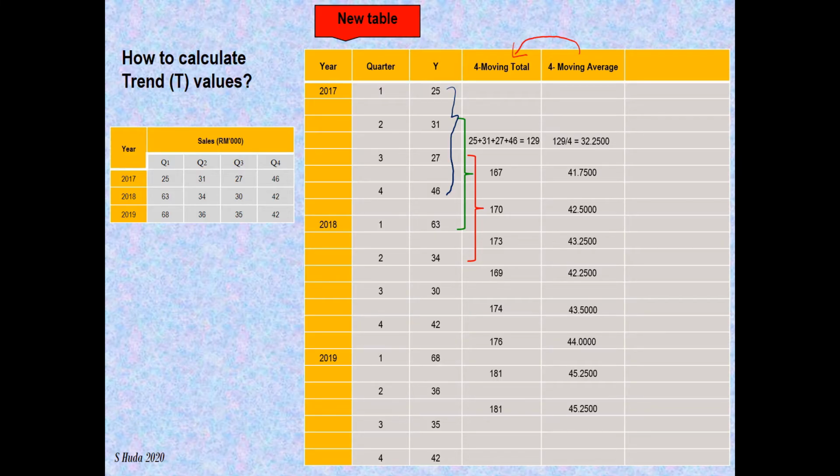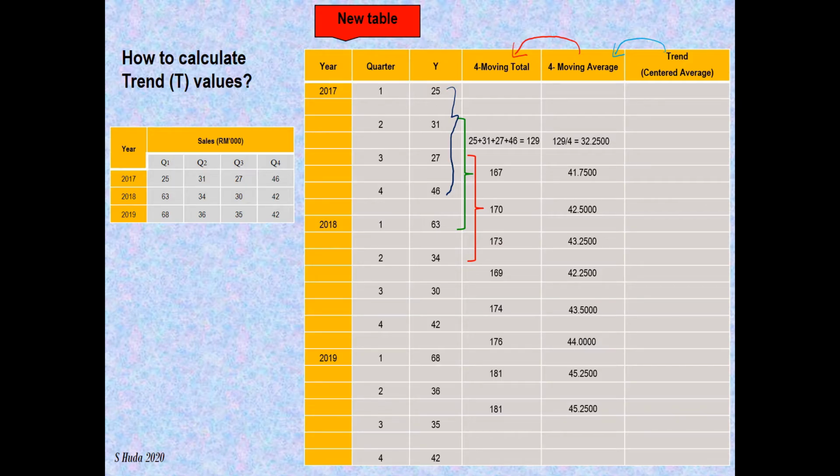Calculate the rest. The last column is the trend, or centered average. You calculate this based on the moving average. First, you add 4 by 4, next you divide by 4. Then you need to add 2 by 2 and divide by 2, which means reduce by 2.